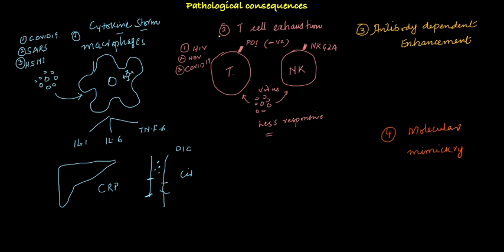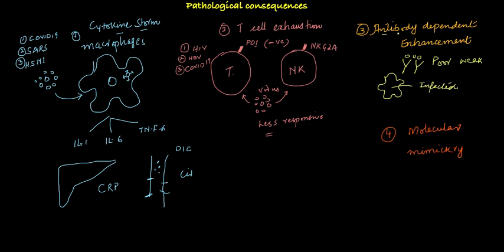Then we come to another thing that is called antibody dependent enhancement. Sometimes the antibodies that are produced are poor or weak antibodies, and they won't help the immune cells to phagocytose and destroy these viruses. In fact, what will happen is that the immune cells that take up these opsonized viruses will get infected.